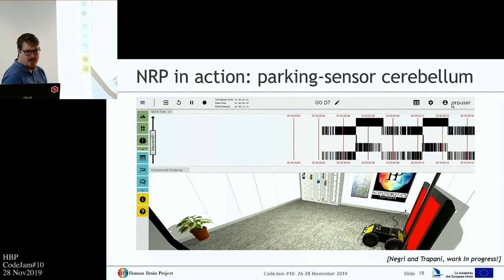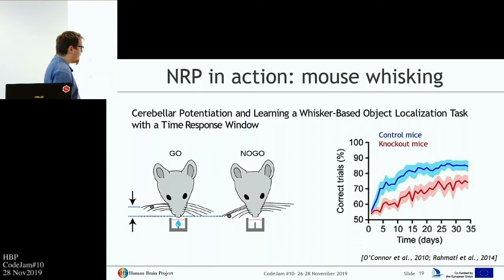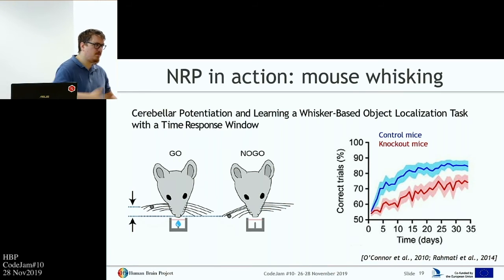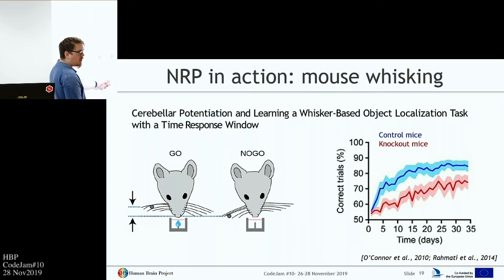So this was a simple example. To provide, let's say, an example closer to something biologically meaningful, we try to reproduce this experimental protocol done with the mouse. It's a go-no-go protocol. The go is where there is a reward, a water drop.